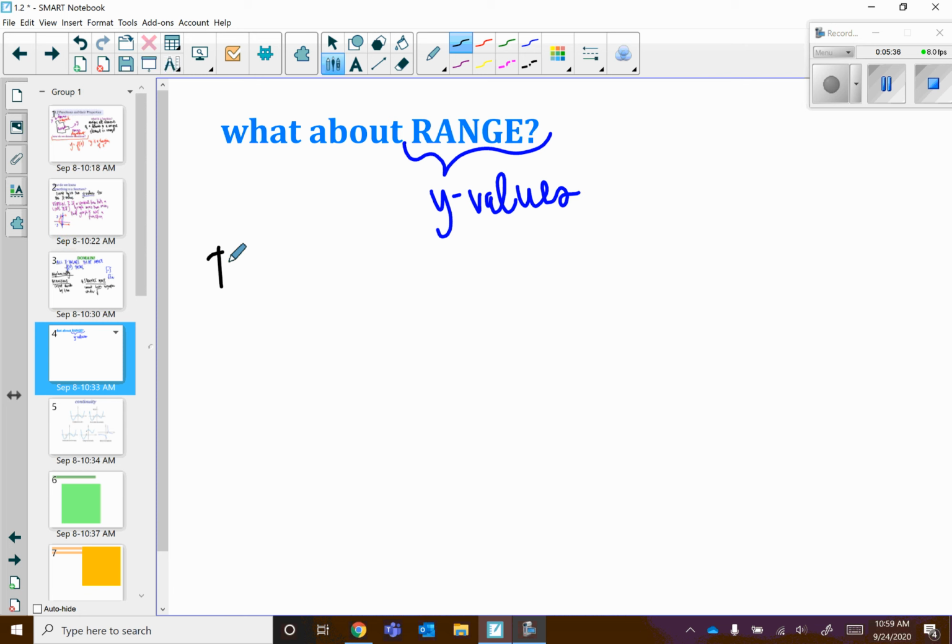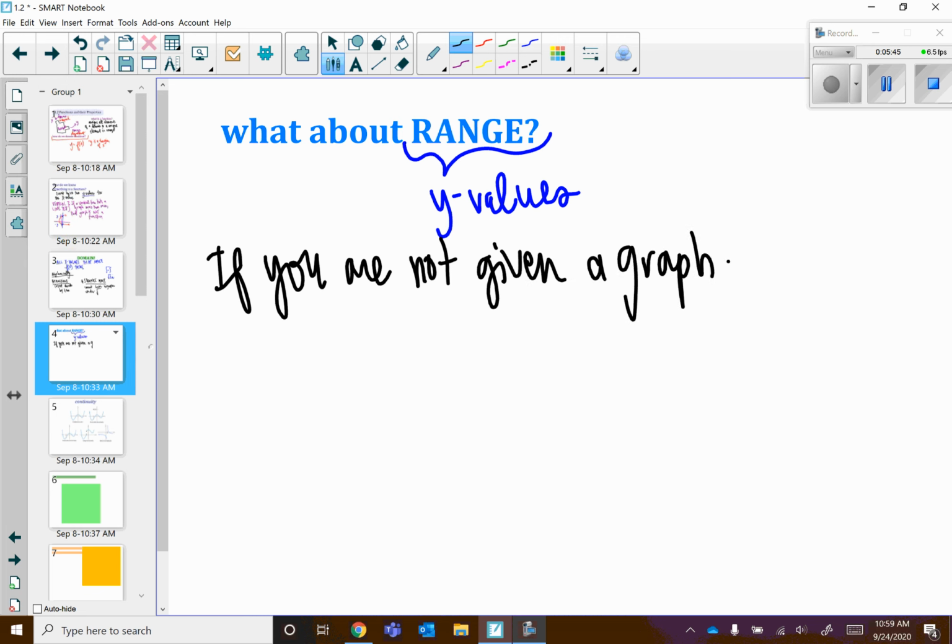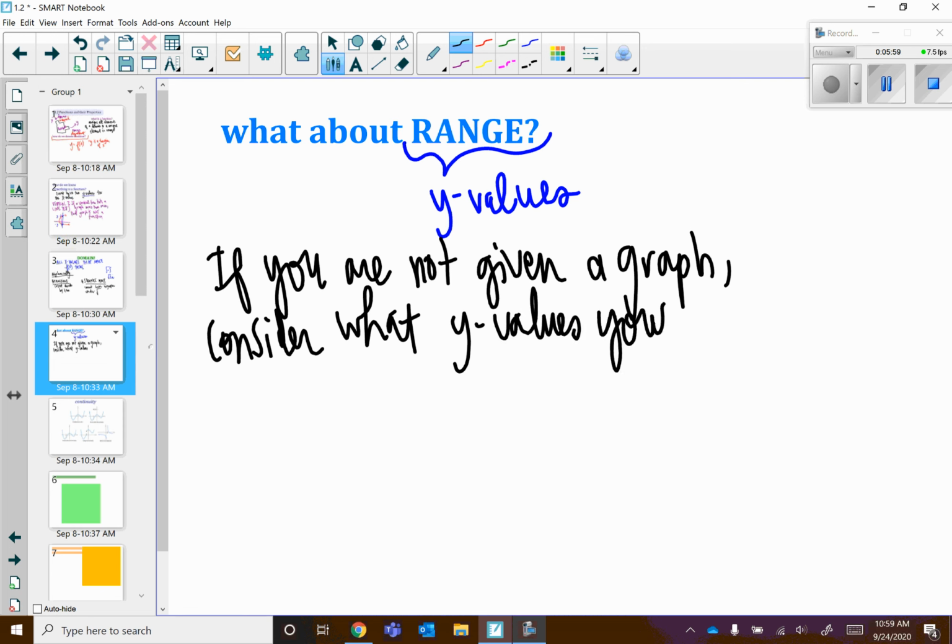But if you are not given a graph, to figure out the range, you really just want to consider what y values your domain will produce. And of course, we will do examples of all of these in class.